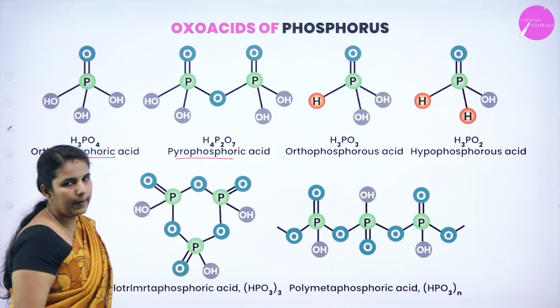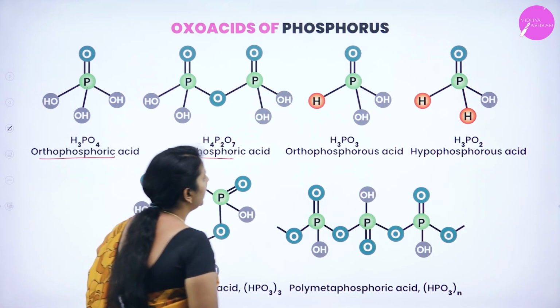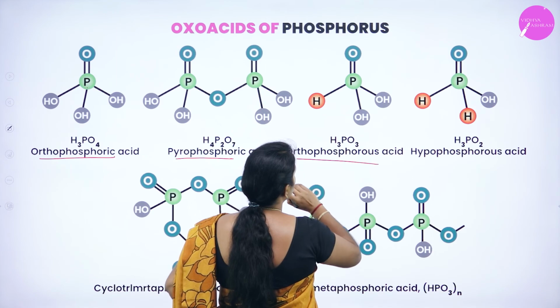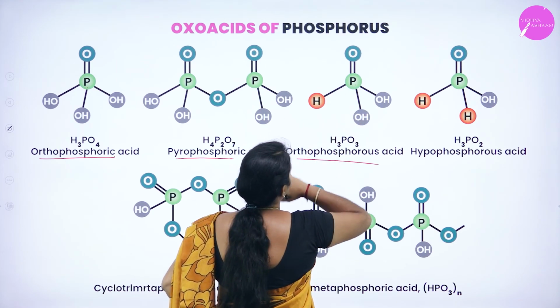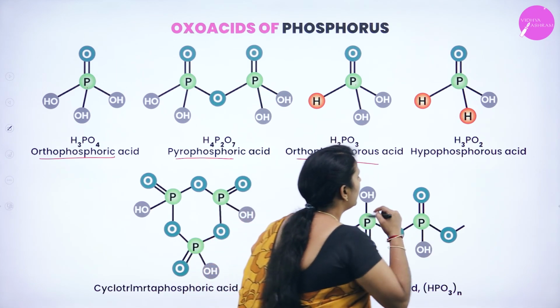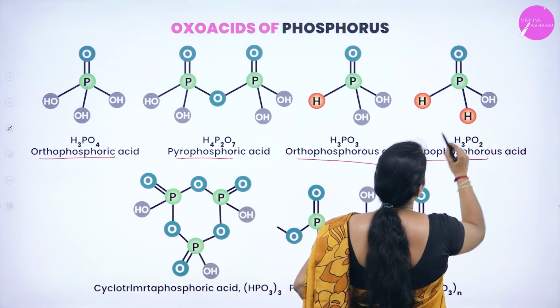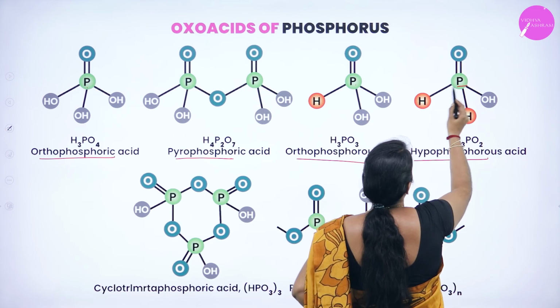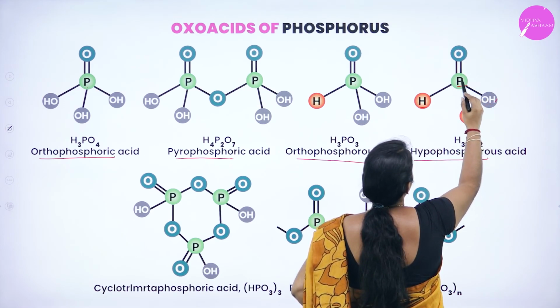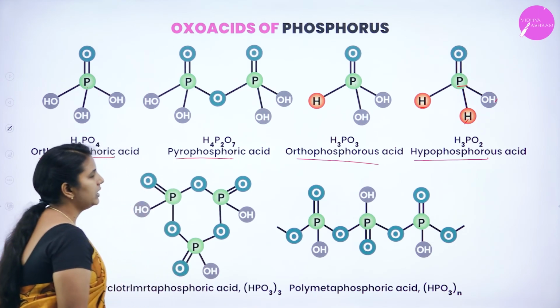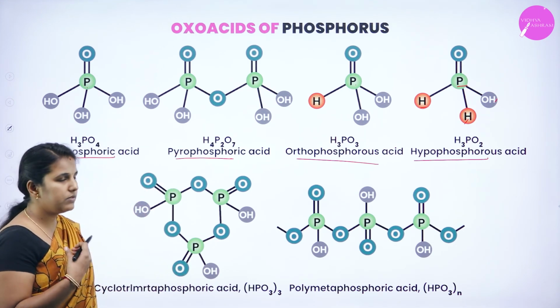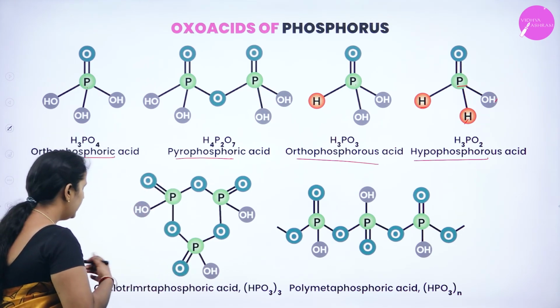Coming to orthophosphorous acid, we have 3 hydrogen with 1 phosphorus and 3 oxygen atoms. Coming to hypophosphorous acid, again we have 1 phosphorus atom at the center, 3 hydrogen atoms and 2 oxygen atoms. You can see that between the oxygen and phosphorus, we always have a double bond.